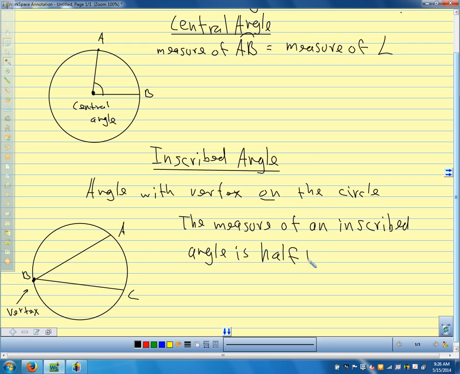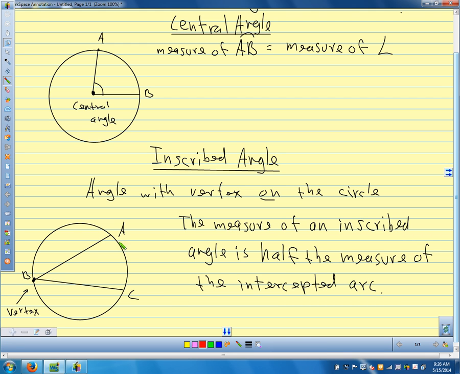Is half the measure of what we call arc AC, the intercepted arc. So if I highlight this in red, arc AC is the intercepted arc. We have the inscribed angle and the intercepted arc.